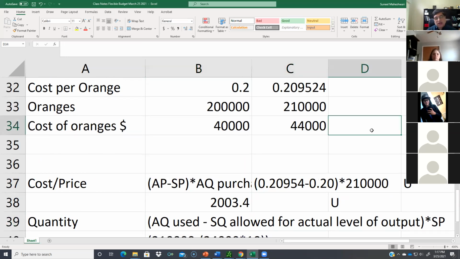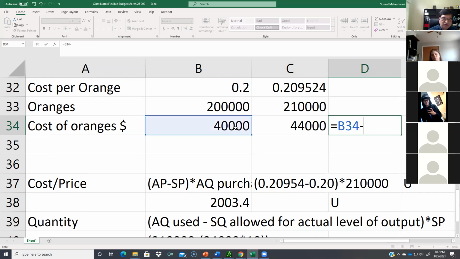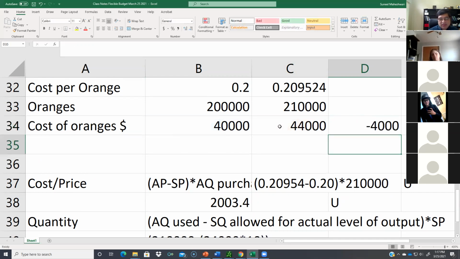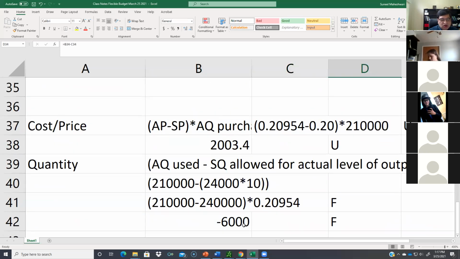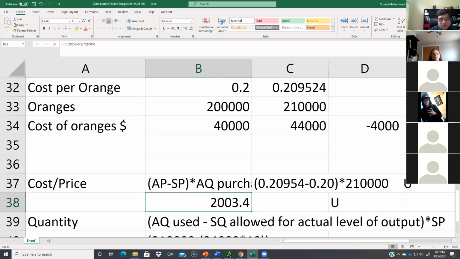I still have a rounding error, but I think I can drive the point home. It's not a problem. You have about a $4,000 total variance, and that 4,000 is explained by 6,000 of favorable variance and 2,000 of unfavorable variance. So a total of 4,000 favorable variance.